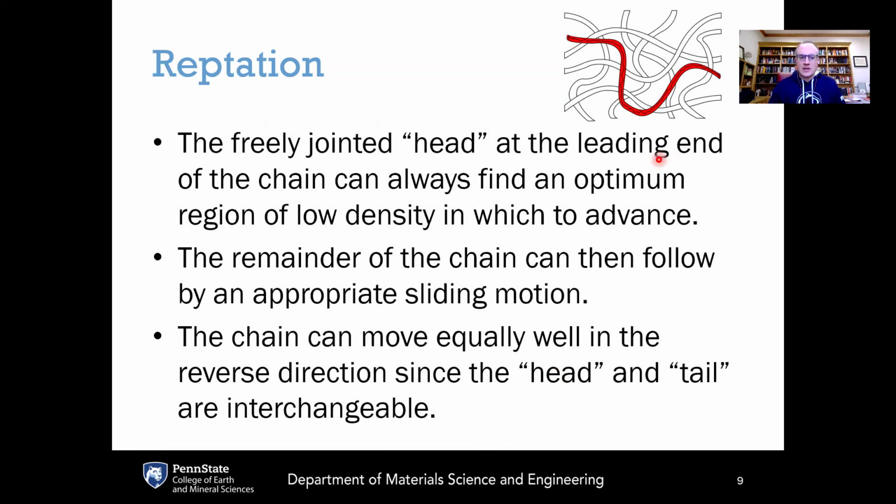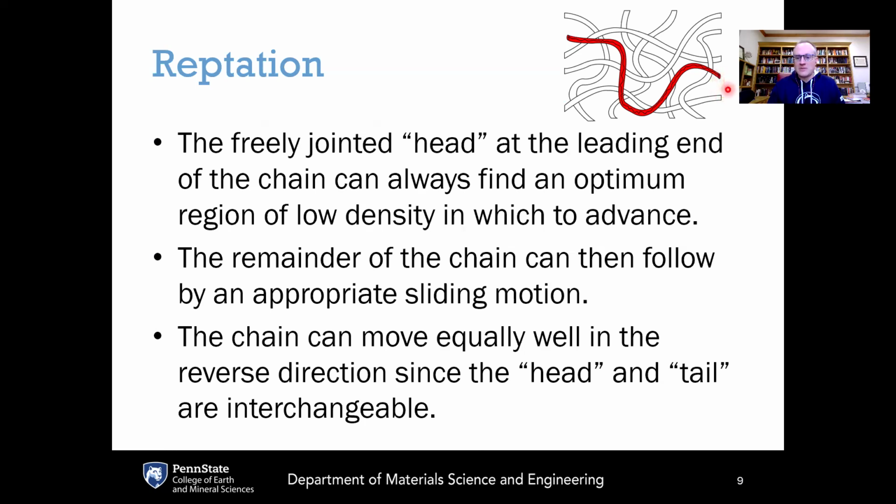So here, the assumption is that there is a freely jointed head at the leading end of the chain, and this freely jointed head can find some other position in which to move to. So it can find some optimum region, for example, of lower density in which to advance.